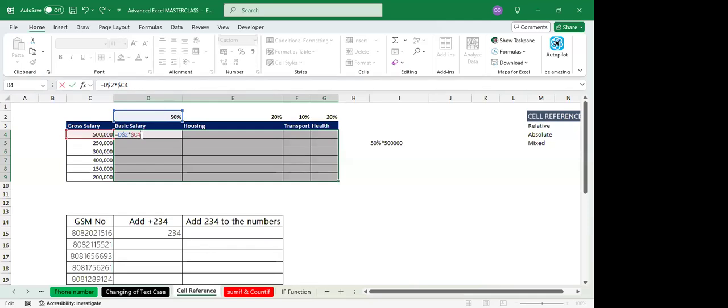But I don't want it to move from C to D. I want it to remain on this 500 all through this area. So as I move like this, C can also move down, but it cannot move like this. So this number 4 can change from 4 to 5 to 6 to 7 to 8 to 9. But the C cannot come to D, cannot come to E, cannot come to F, and cannot come to G. I hope you understand. Yes, perfectly, sir.